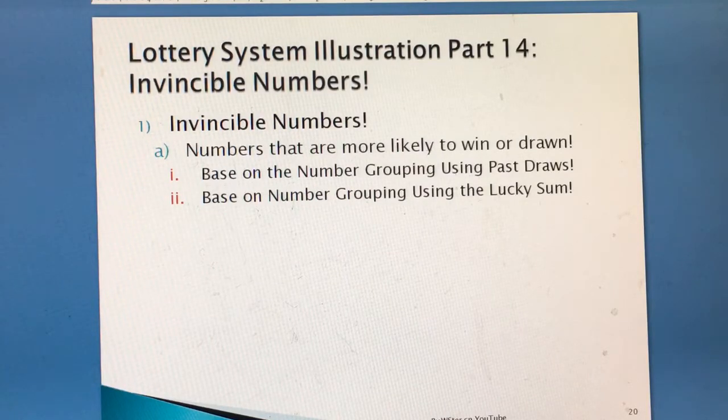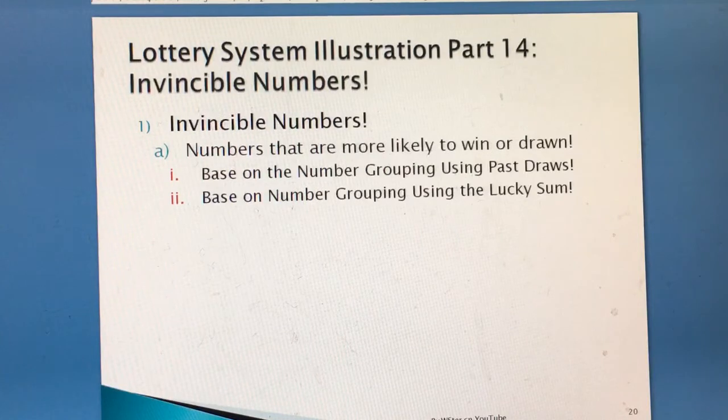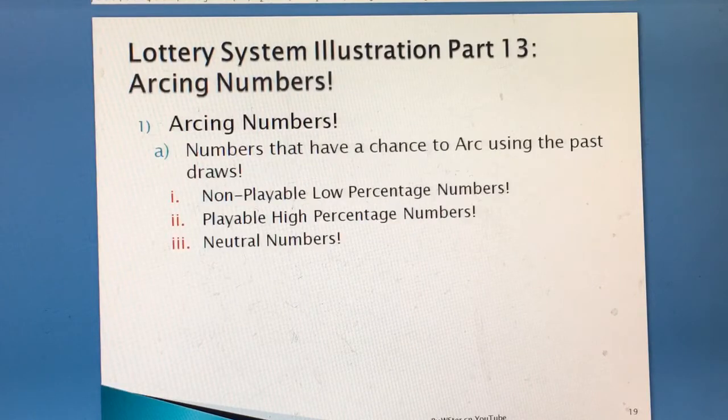Illustration part 14 is invincible numbers. Invincible numbers is a new system, and before we get to that, arcing numbers are playable numbers. They might be high percentage or non-high percentage numbers, which are called neutral numbers.